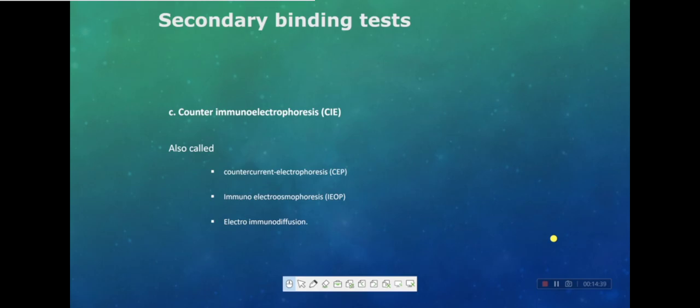A line of precipitation forms where the two meet in the optimal proportion. The pH, purity, and the ionic strength of agar may influence the movement of antigen and antibody, and thus they are maintained in a controlled environment.